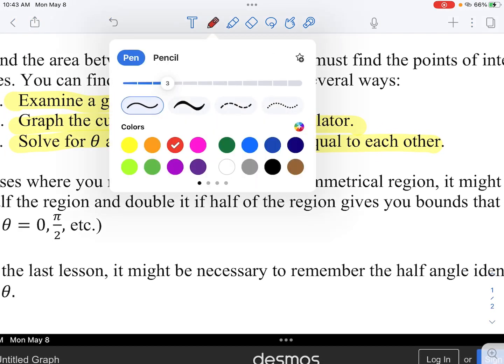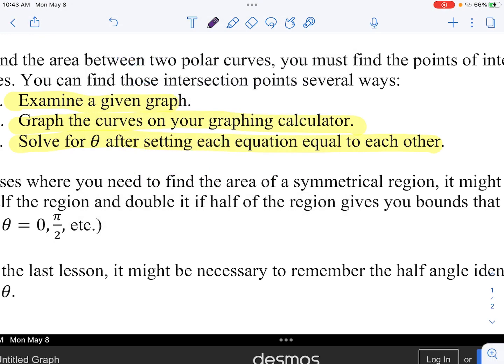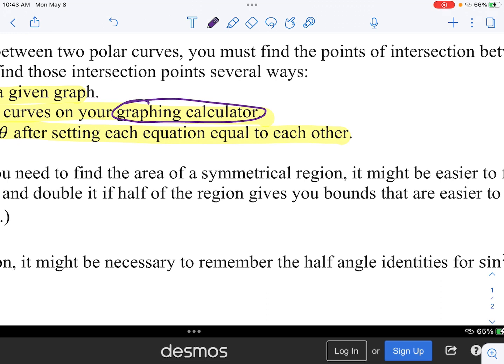If you're going to put two different curves in your graphing calculator to find where they intersect, first of all, you want to change your mode to polar form. That lets the calculator know exactly that you're graphing polar equations. But then that changes the calculation options that you have in regular function mode.